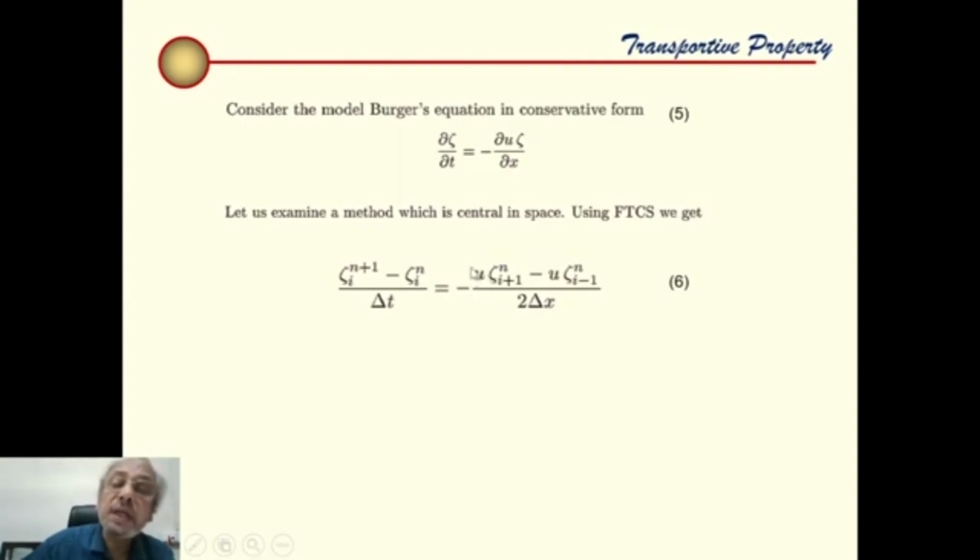It is understood that u is with zeta. Whatever is the zeta's coordinate, u is with it. So u i plus 1 zeta i plus 1 minus u i minus 1 zeta i minus 1 by twice delta x. This is, we know, forward time central space. Otherwise, a consistent good formulation.